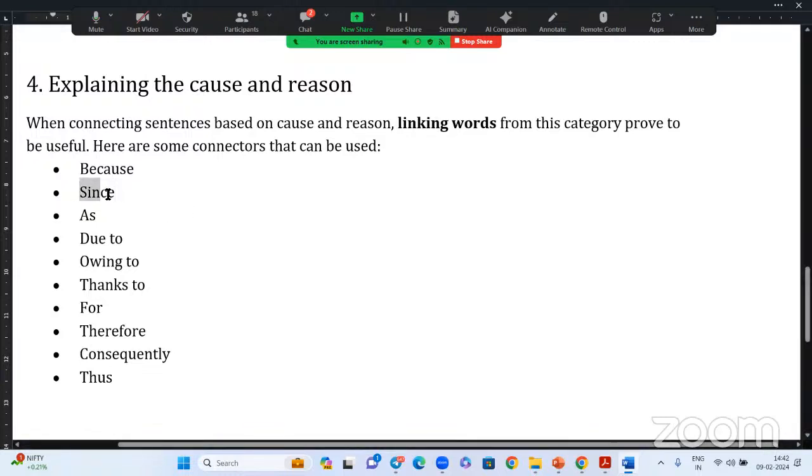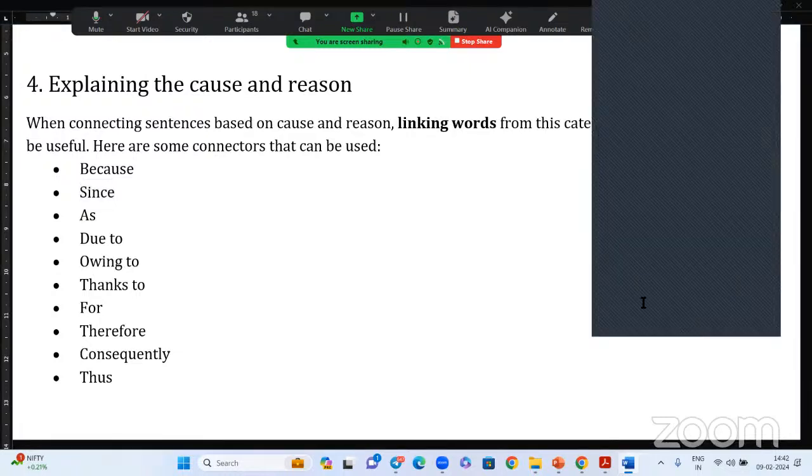Since he was compliant with medication, the recovery was faster than expected. Yeah, in the event of, very good. Since he was compliant with medication regimen, the recovery was sooner than expected.